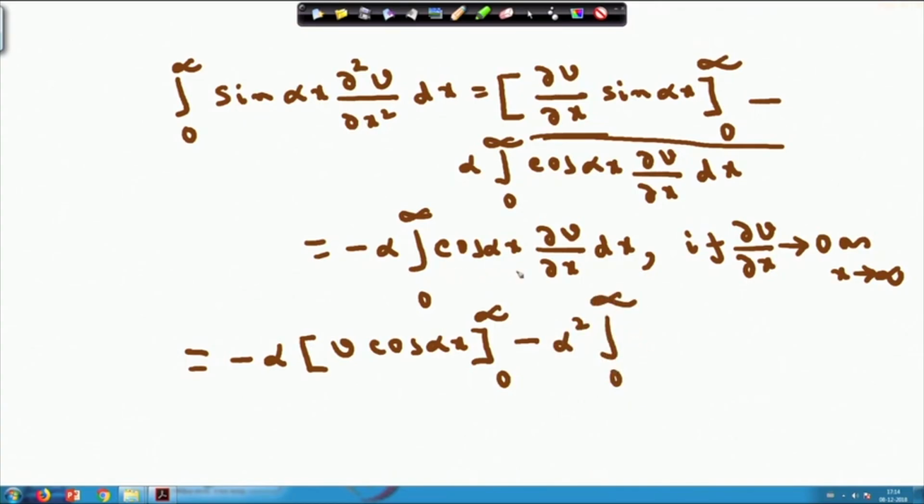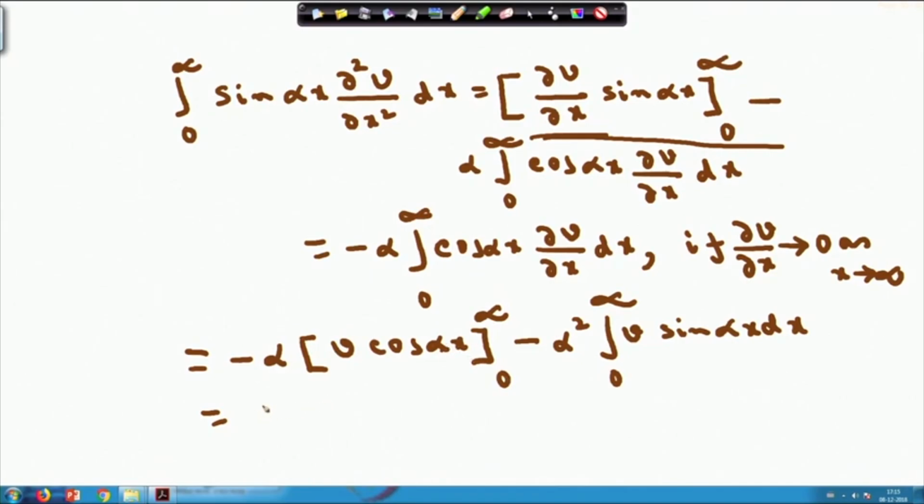This will become v into sin alpha x into dx, and this is equal to, at the lower limit 0, this value is 0, this value is 0.